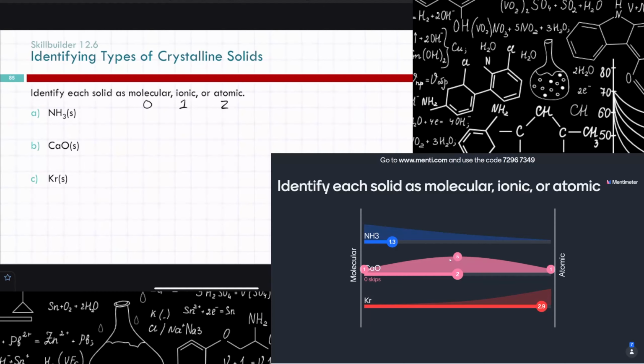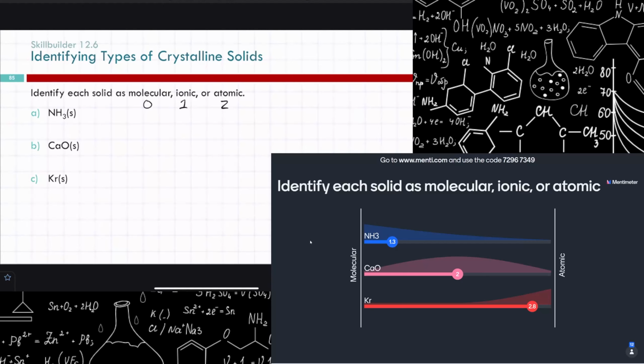And if I hover over it, it tells me exactly how much they were voted for. Fairly split on these. You do have to hit submit at the bottom, I think, for it to actually go through. For the sake of time, though, I'll keep going, because we're almost done with this. We're just going to talk about water for a couple slides afterwards. Oh, we had one vote for molecular on krypton.